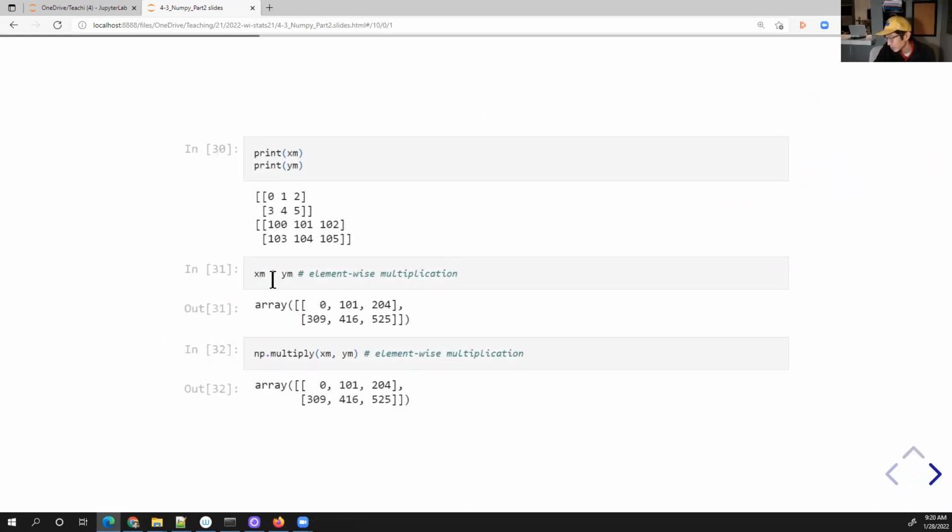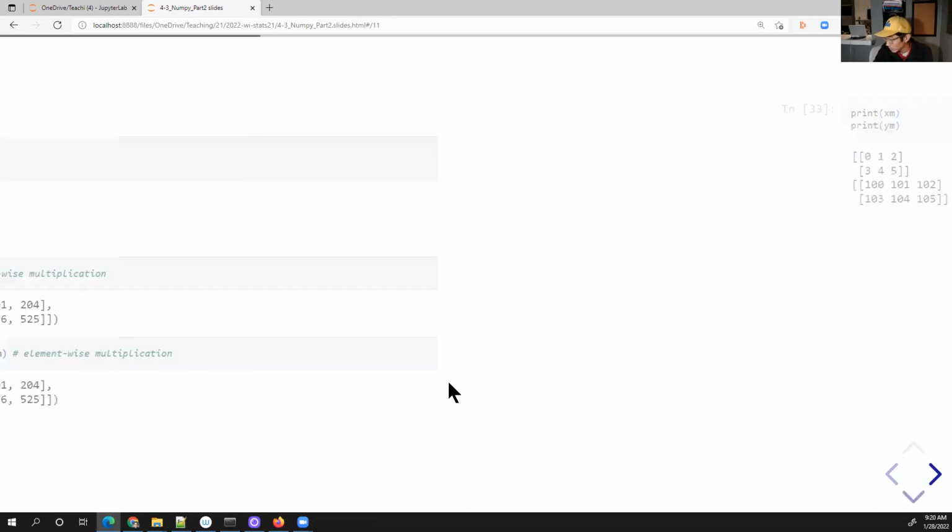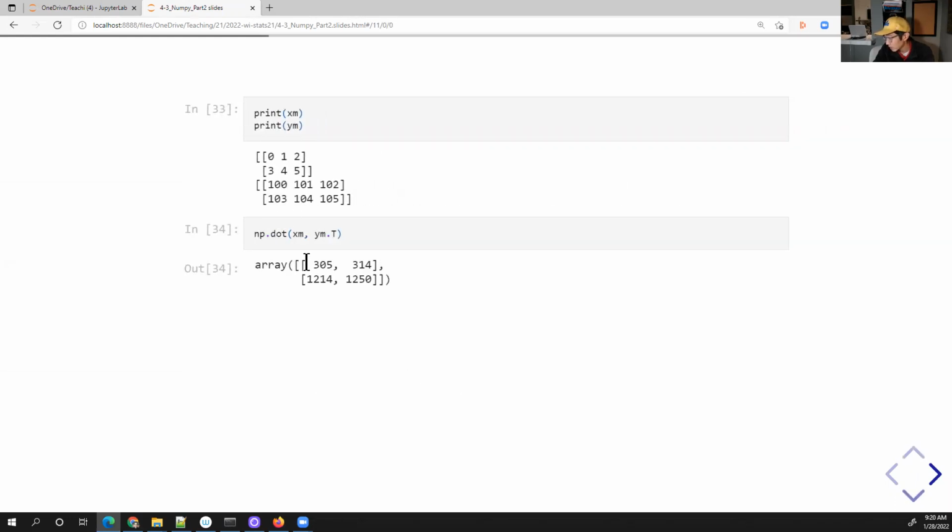Okay, but anyway, we talked about element-wise multiplication. We can now do matrix multiplication. Here we can take xm and take ym transpose.